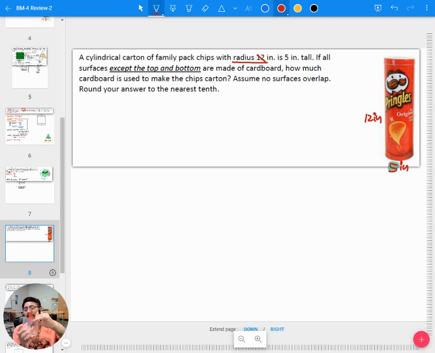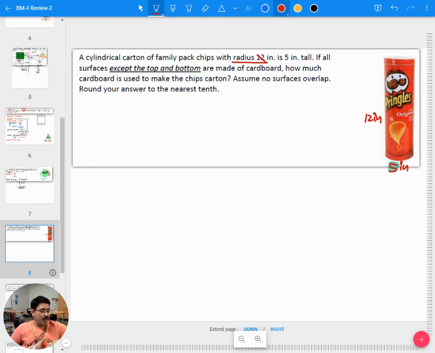If you are taking a cylindrical chips pack made of cardboard, how will you find how much cardboard is required? Friends, technically you are not computing the lid because it is made of plastic, and you are not computing the bottom because it is made of some metal sheet. So you are computing only this part, which we call the curved surface area.